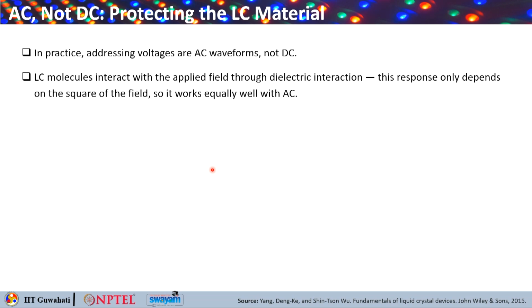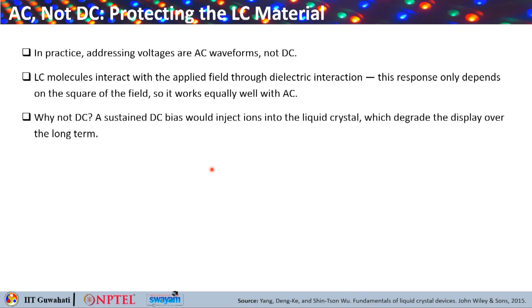So whether the field points one way or the other doesn't matter for switching. This means that an AC waveform, which alternates polarity in every frame, produces exactly the same optical response as a DC voltage of the same RMS magnitude would have done, right?